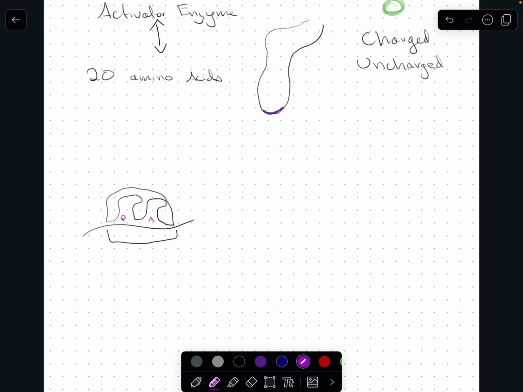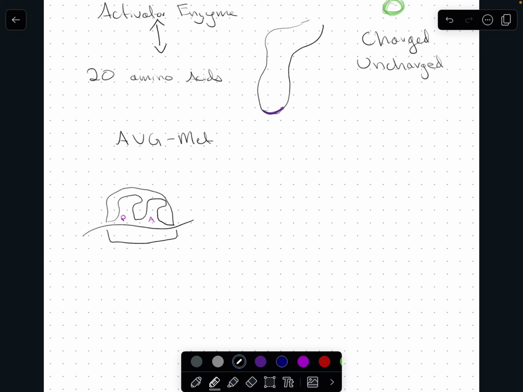Now your ribosomes attach and start moving when they see a start codon. And our start codon is what? It encodes for MET, that's the amino acid, and the codon is going to be AUG.